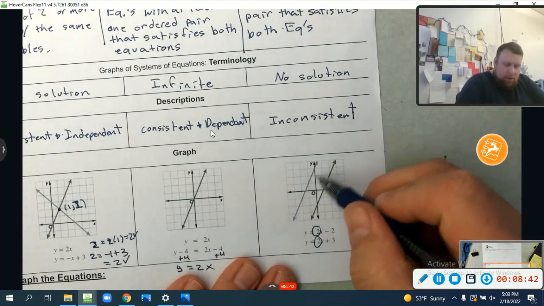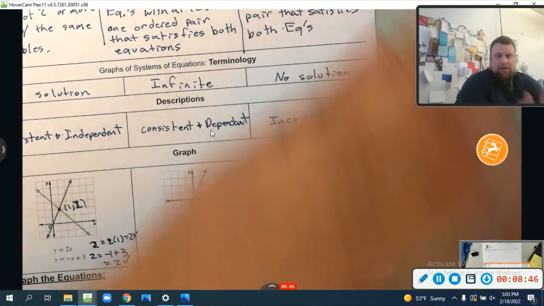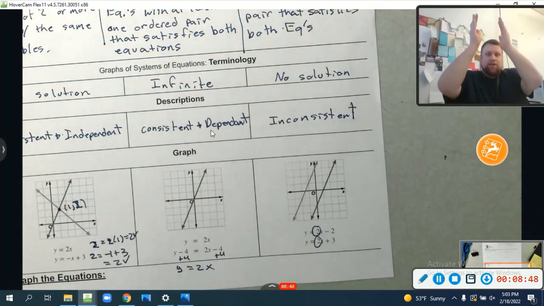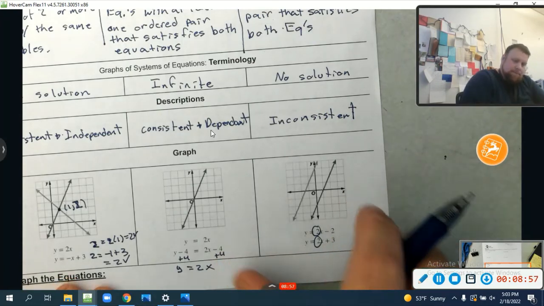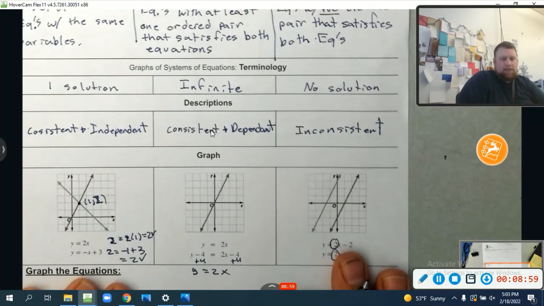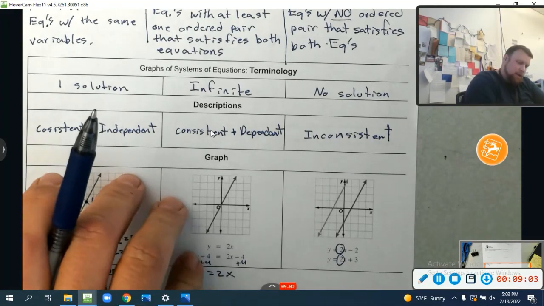These two lines are parallel. Because they're parallel, they're traveling in the same direction and will never cross each other. You have to be not parallel to cross at some point. They're going the same way. Okay? All right. Make sure you have this all written down. Pause it if you need to. This graph, the equation should be on the other side of the paper, but clearly I missed that.